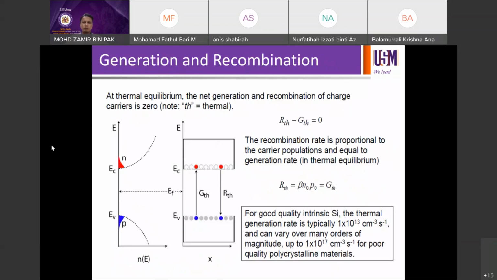On the other hand, the reverse process is called recombination, where the excited electrons in the conduction band drop into the valence band and recombine with the hole.